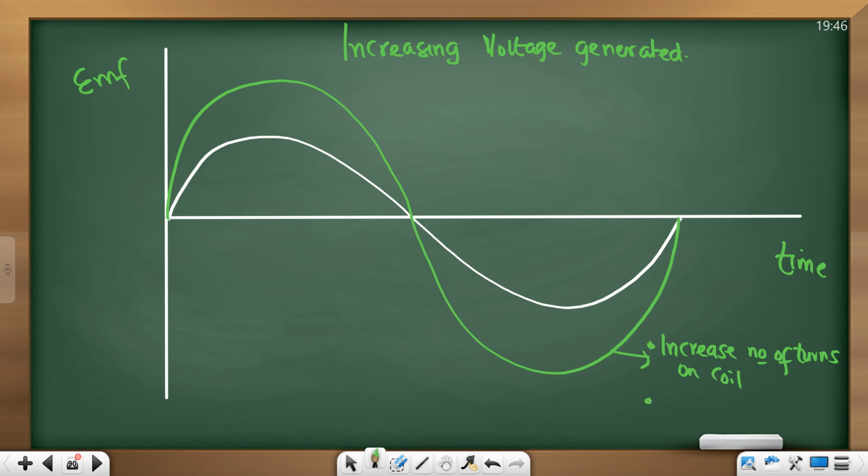And number 2, it will also represent using a stronger magnet. Because you can see the amount of potential difference generated has been increased.